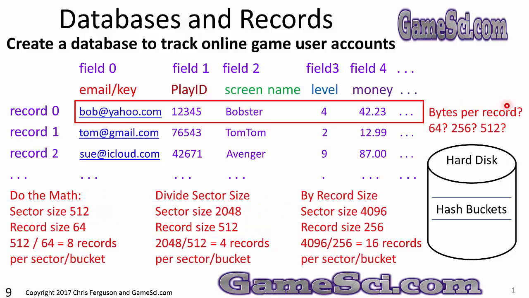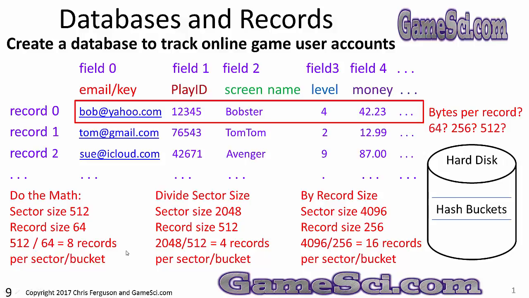The bytes per record is very important. Is it 64, 256? Is it 512? Let's do the math. Divide the sector size by the record size, and that will determine the number of records per bucket. If you had a sector size of 512 and a record size of 64, 512 divided by 64 says you will be storing 8 records per sector or bucket.